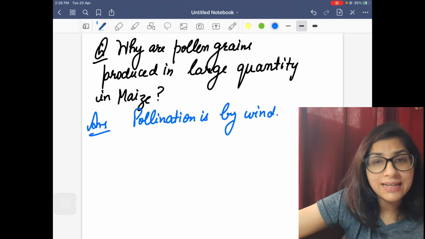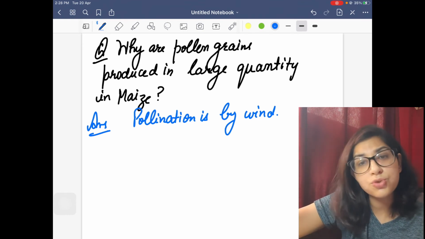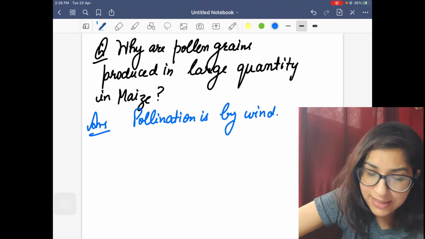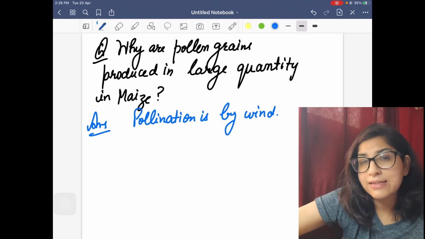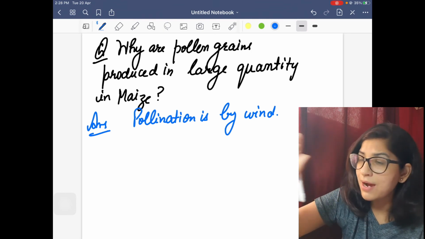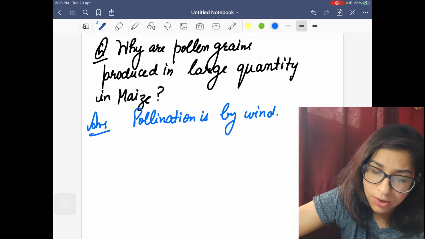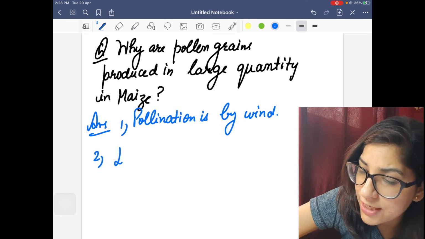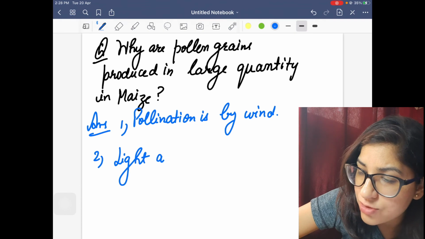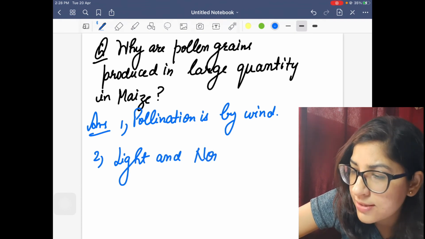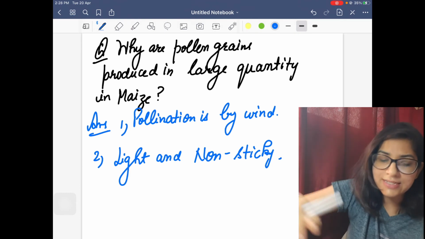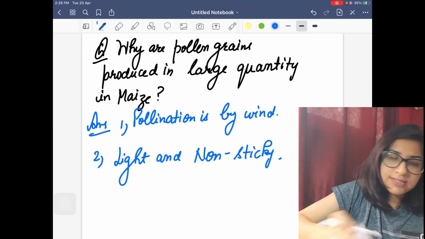That is the reason it has to produce a large quantity of pollen grains. In plants like maize and coconut, pollen grains should be light as well as non-sticky. Always remember that.